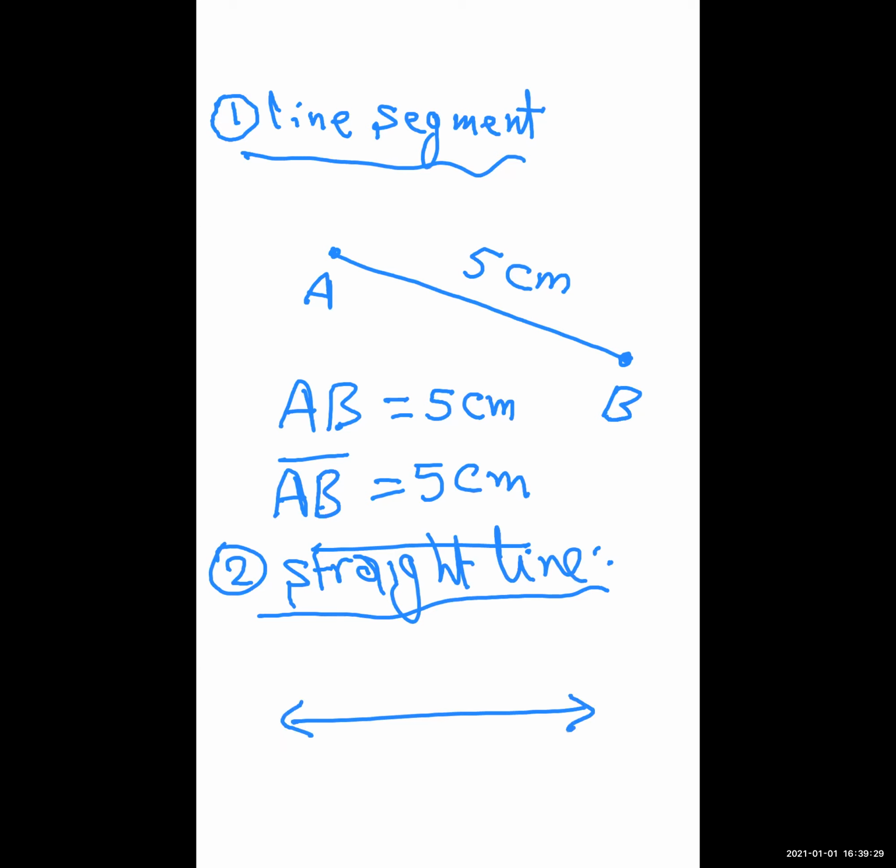So it will be point A here and point B here. So the straight line here is AB, and we can denote it with this symbol. It's the straight line AB, and then the symbol of the straight line, like this.